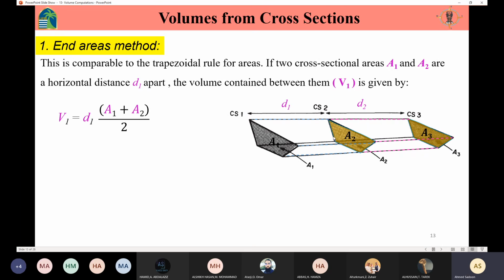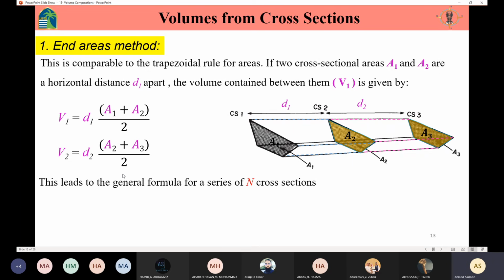The area for the first part is going to be (A1 plus A2) over 2 times D1. And the area for this part is going to be D2 times (A2 plus A3) over 2. Then the total is going to be this one plus that one.